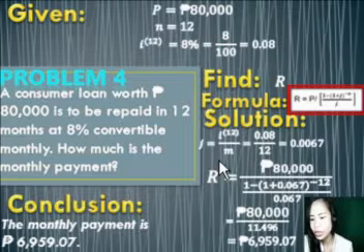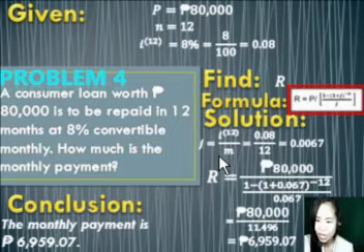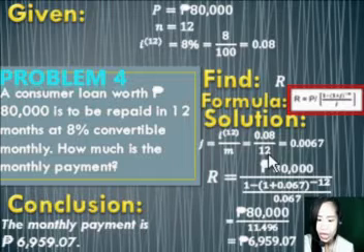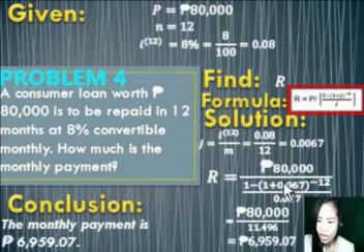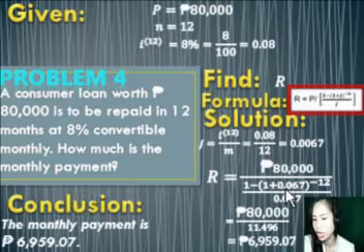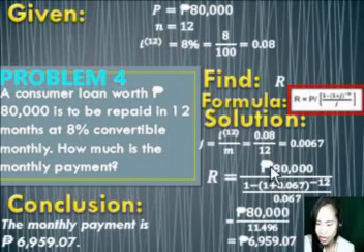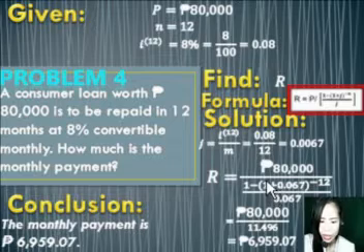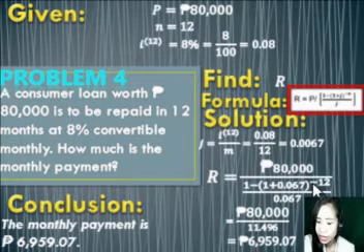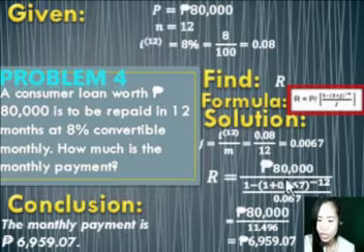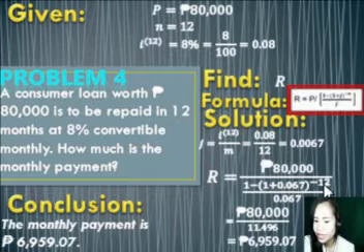Now, in our solution, we need to solve first for the interest rate per conversion period, that is J. That is simply the rate 0.08 divided by 12 months, so that is 0.0067. After solving for J, we will substitute that in the formula together with our P, the present value. We simplify using PEMDAS: parentheses, after you add, raise to the power of negative 12.